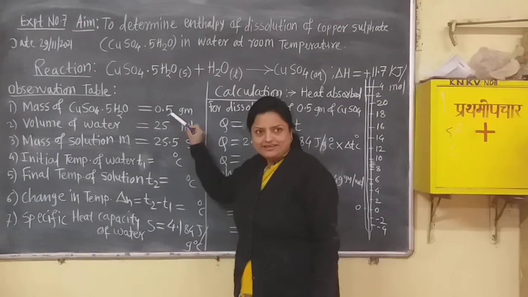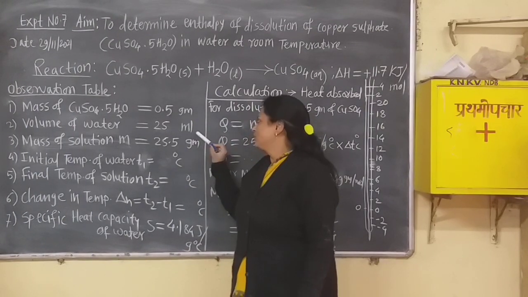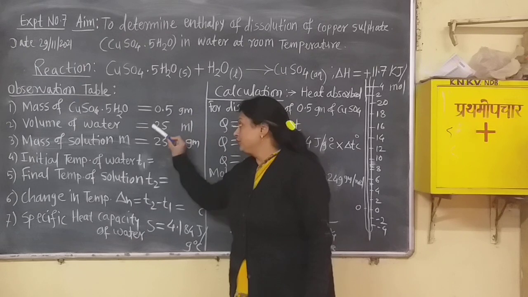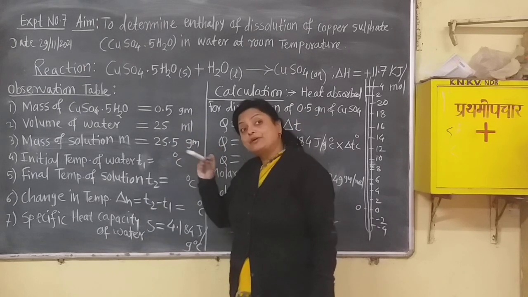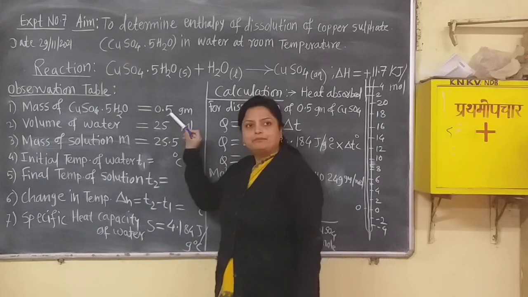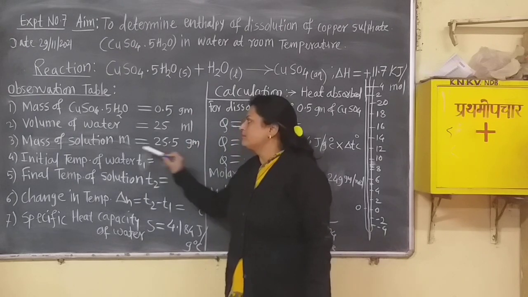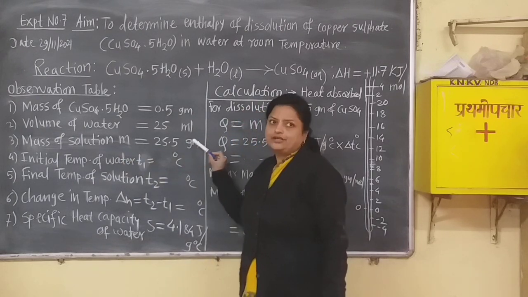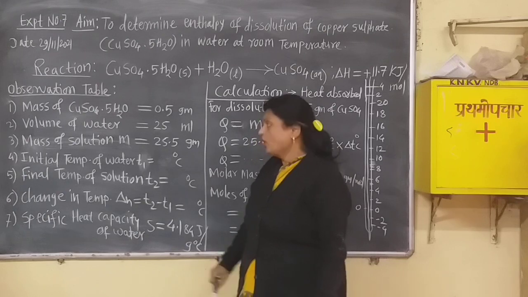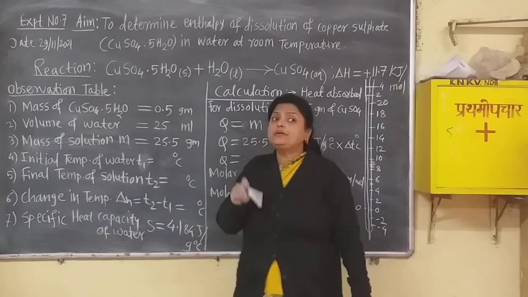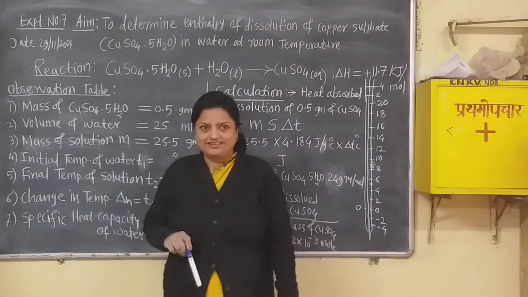0.5 gram copper sulfate and 25 ml water. Now 25 ml means nearly equal to 25 gram, so 25 gram plus 0.5 gram becomes the mass of solution, 25.5 gram. Now the initial temperature, the room temperature, we have to measure first.